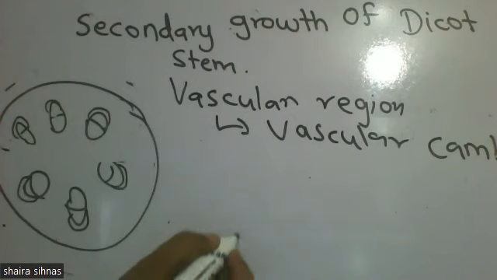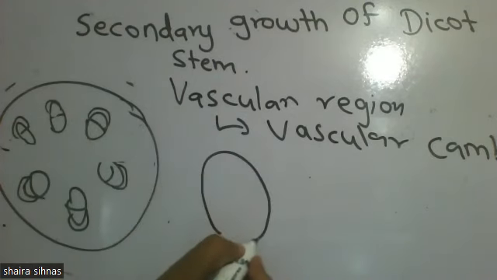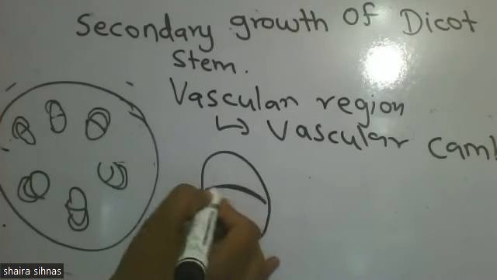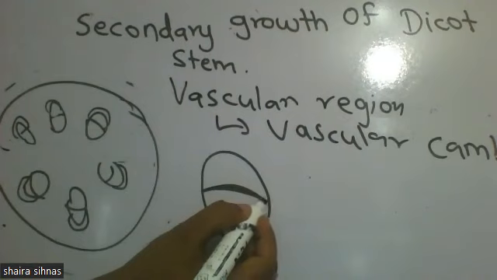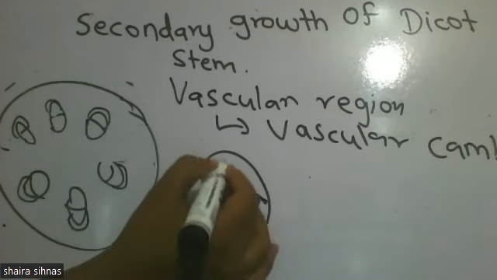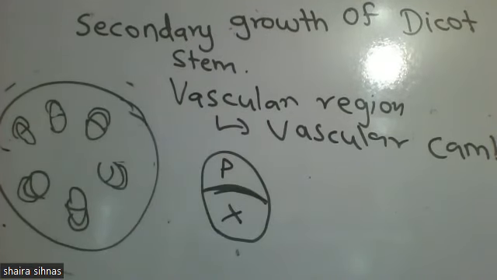Now I will enlarge that like this. So this is the cambium. Inside we have the xylem, outside we have the phloem tissue, right? So inside we have the primary xylem and outside we have the primary phloem, right?